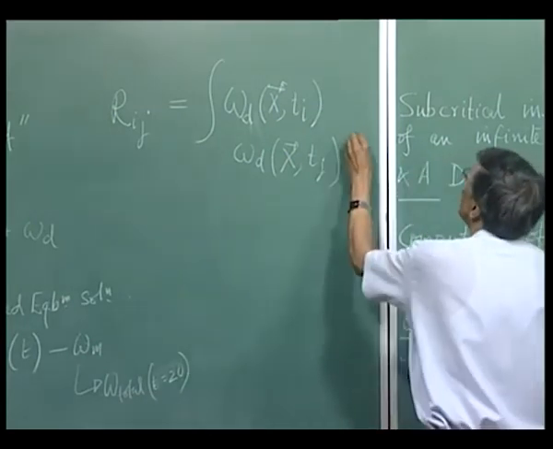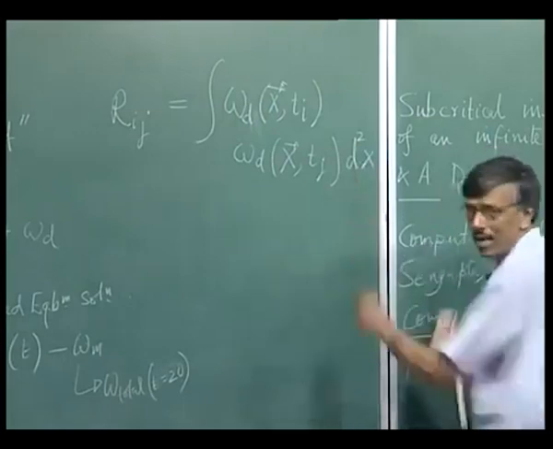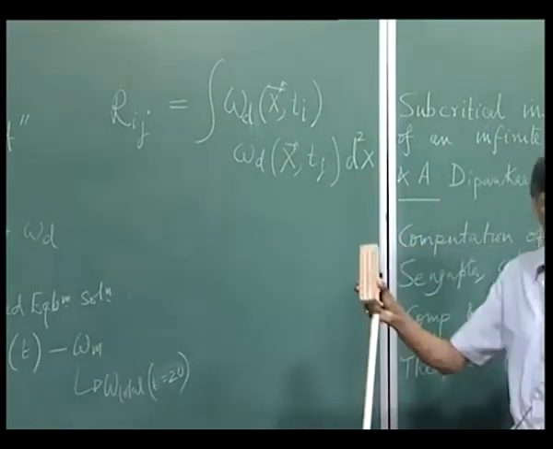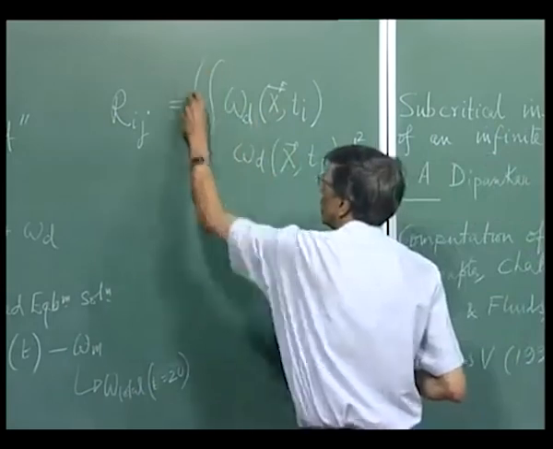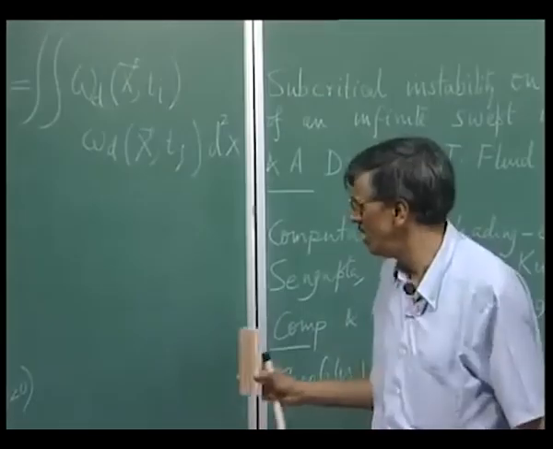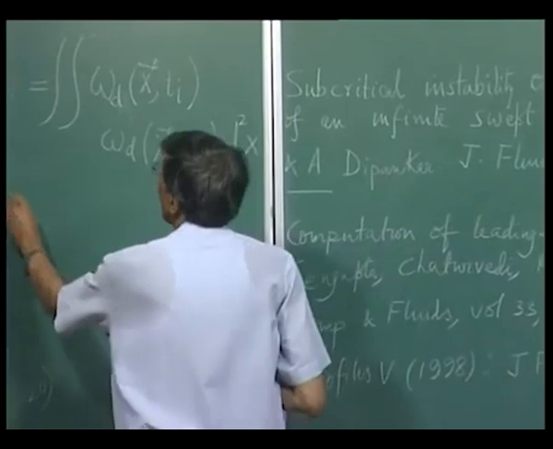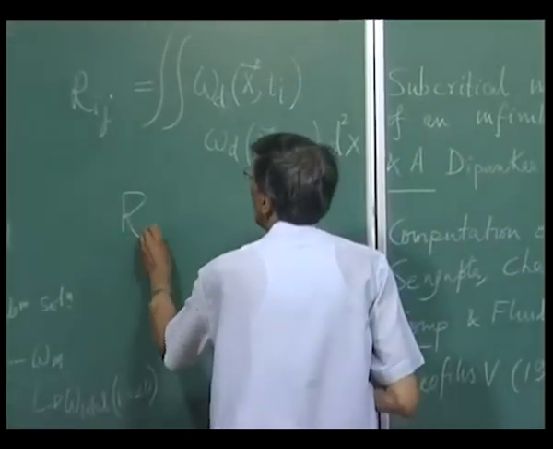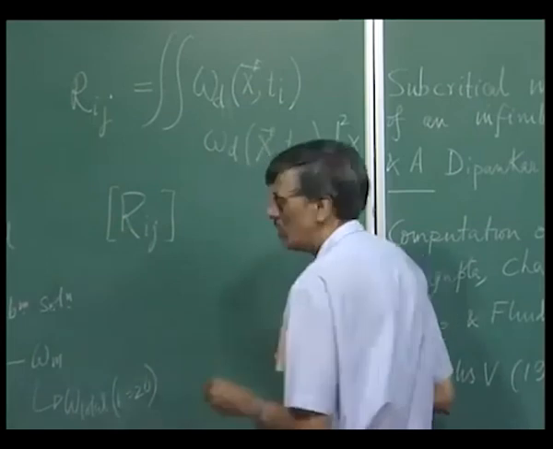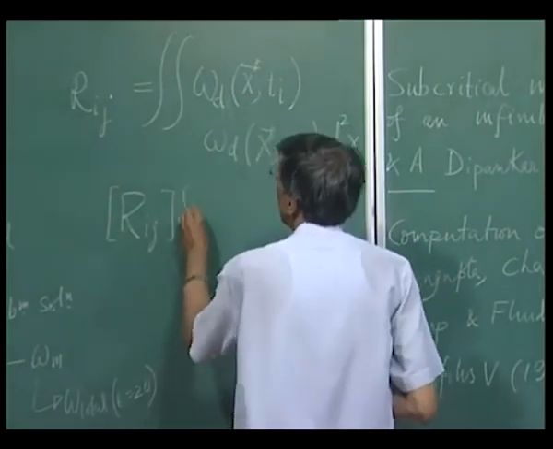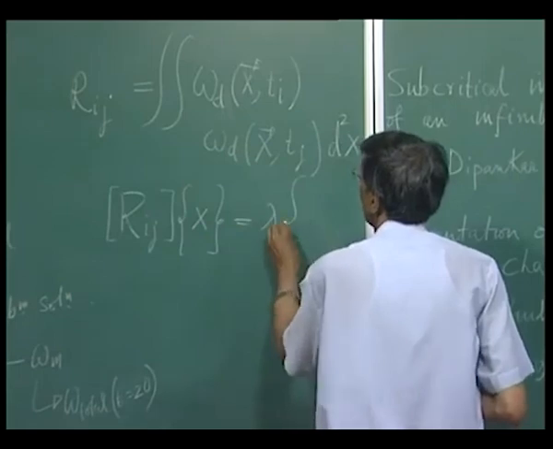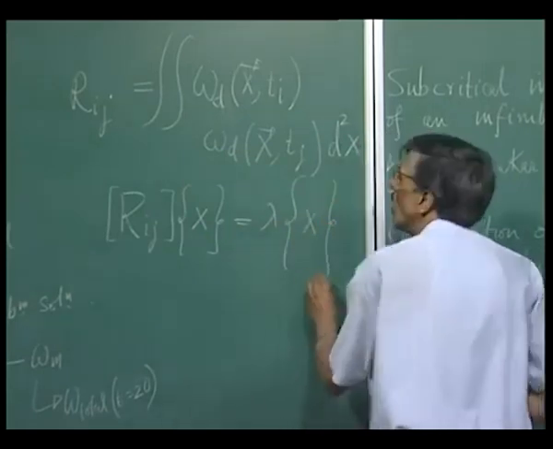In this case we are doing a two dimensional calculation, so we will be integrating over the whole domain. So, once I have this R I j matrix, then I can calculate R I j times some eigenvector, which is nothing but lambda times x.